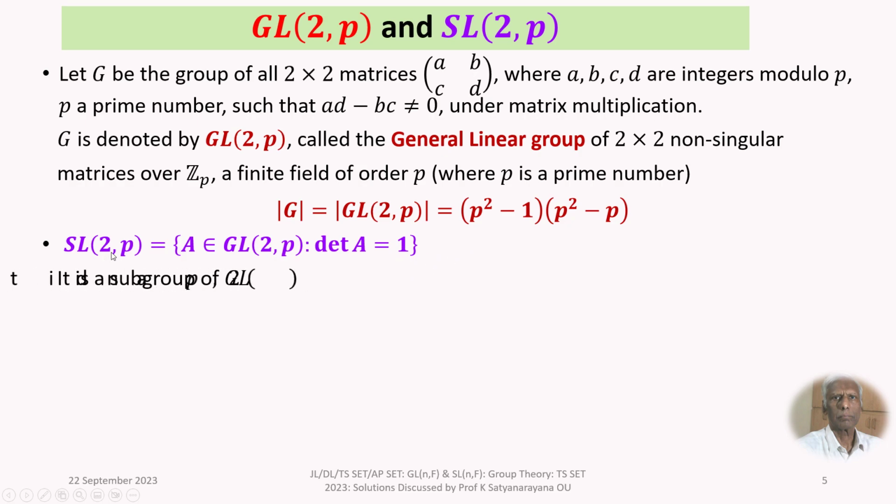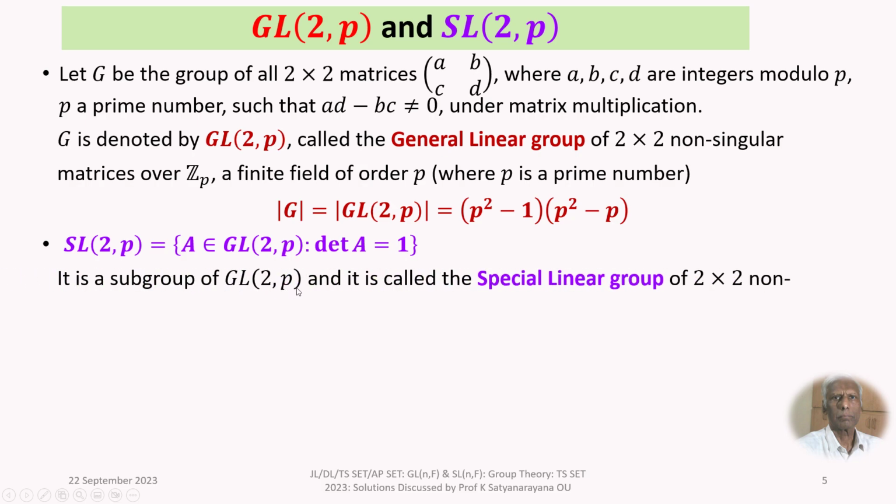Now this SL2(Zp) is a subgroup of GL2(Zp) and it is called the special linear group of 2 by 2 non-singular matrices of determinant 1. That means in GL2(Zp), catch hold of all those matrices whose determinants are 1 and put them in SL2(Zp). And that forms a subgroup of GL2(Zp).